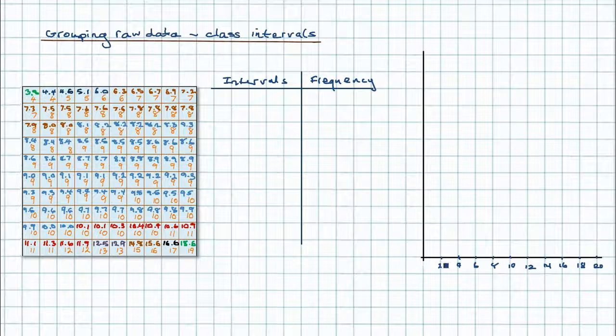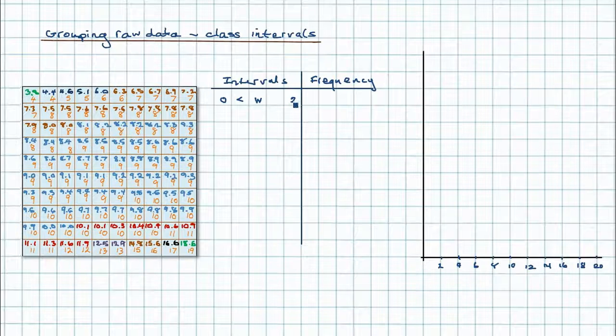So the first interval is from 0 to 2. A good way of notating that is to say, well, what are we recording? We're recording every time the weight, so let's call it W, is greater than 0. So we'll use the greater than symbol, looking right to left. So the weight is greater than 0 and less than 2.